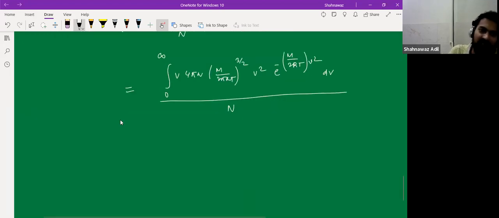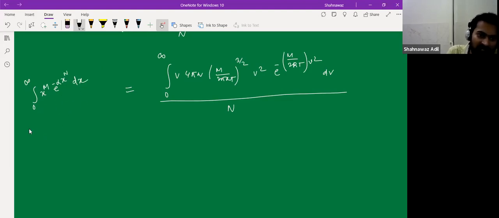The trick is that we know this integral: 0 to infinity x to the power m, e to the power minus alpha x to the power n, dx.